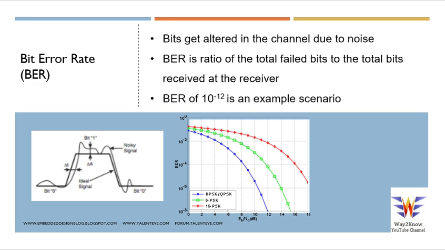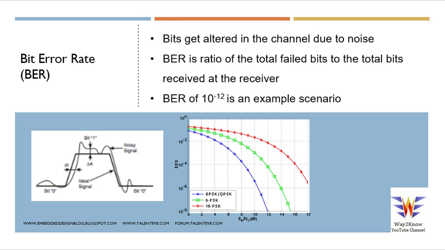Just this is an example scenario, and if you see the waveform here, this is basically the BER for different data rates and different communication topologies. This is a source from Wikipedia basically. So this is how the bit error rate is calculated, and the lower the bit error rate, the channel is very good for transmission, and there are no issues that are seen here.